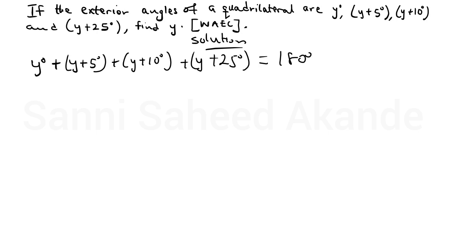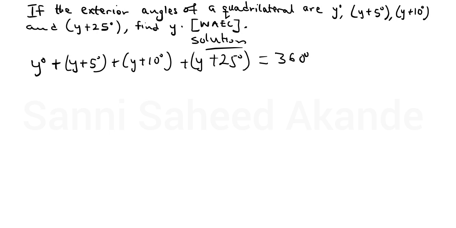Because the sum of the exterior angles of any convex polygon is equal to 360 degrees. It's not even 180, it's equal to 360 degrees. So take note of that. The sum of the exterior angles of any convex polygon is 360 degrees.